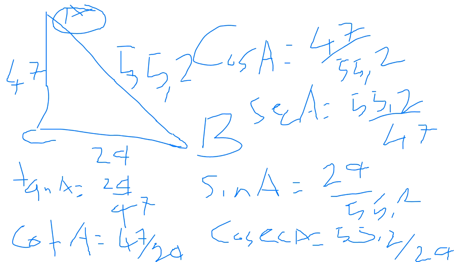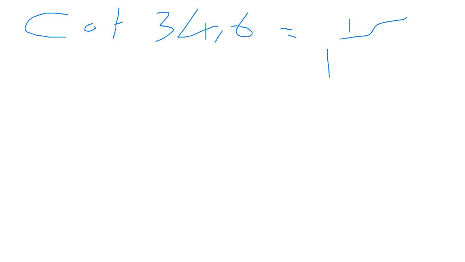I think the most striking ones are number 4, 5, and 6. Number 4 is cot 34.6, which will be the same as 1 over tan 34.6.